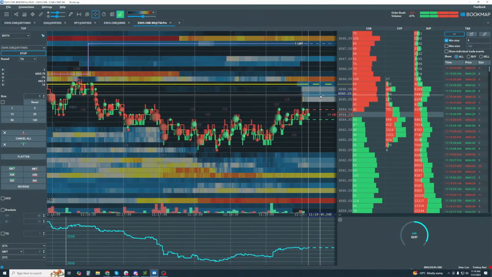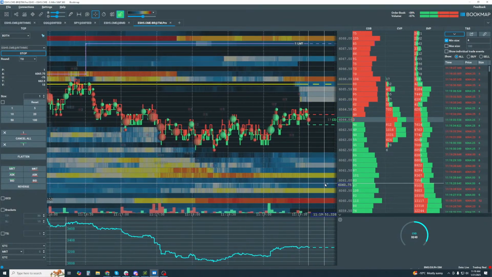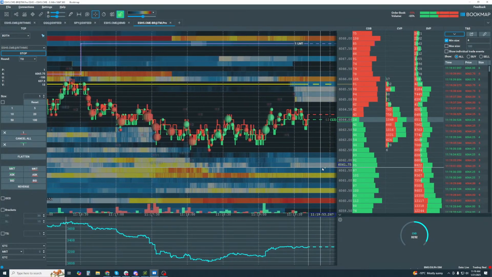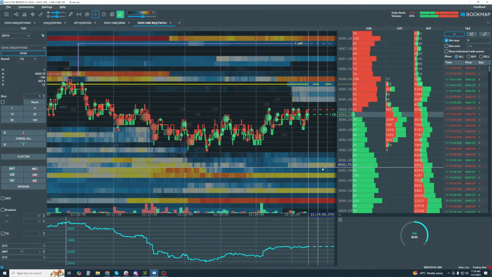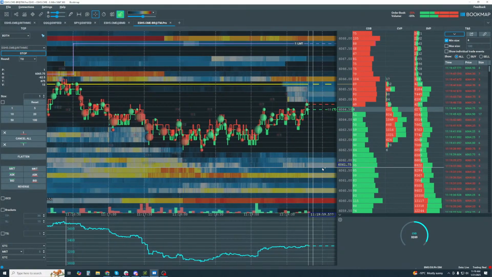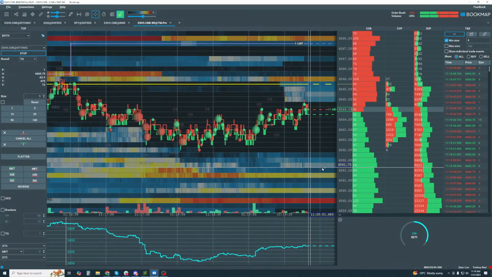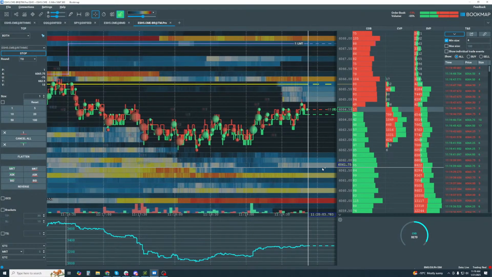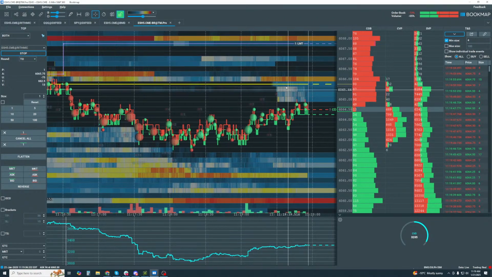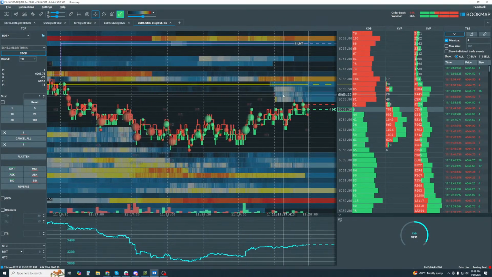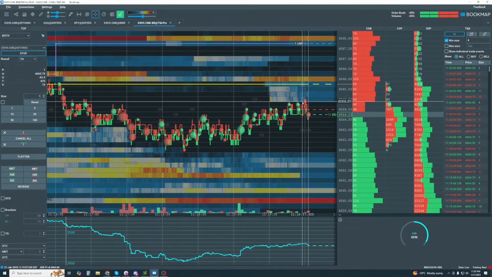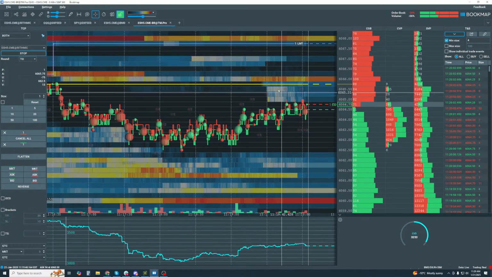Look at the offer coming in here, they're protecting it. Okay, so it's a battle between these sellers here. They're passive orders, but they're being aggressive at a lower level here. And we're finding a battle between aggressive buyers and these passive orders here.